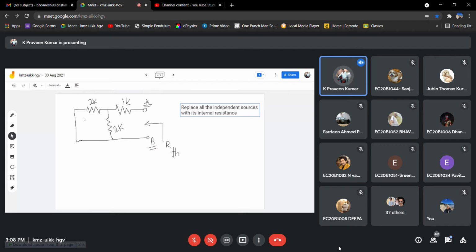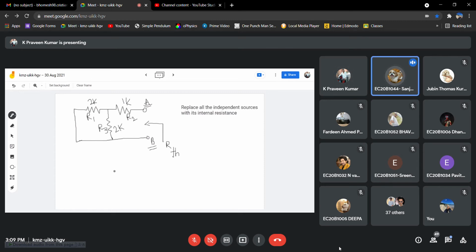Here we have one voltage source, and since it is ideal, the internal resistance is 0, so we have replaced it with a short. Now you tell me which resistances are in series and which are in parallel, seeing from the terminal side.